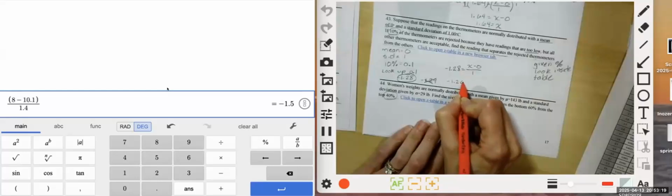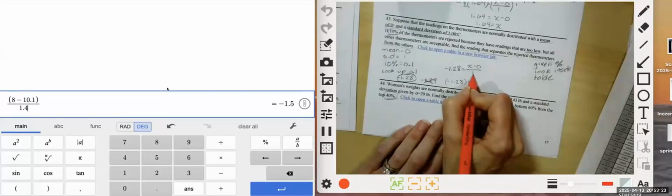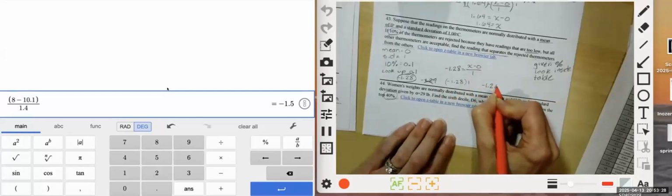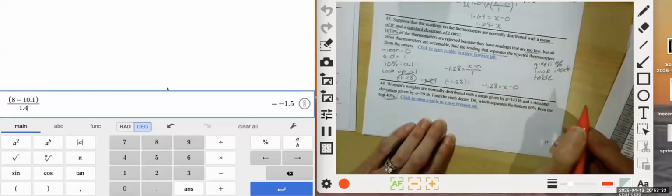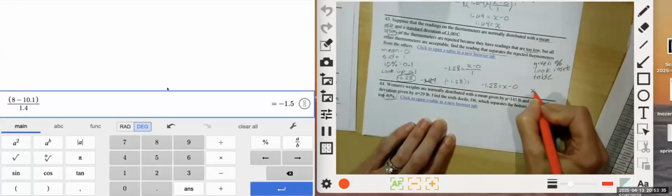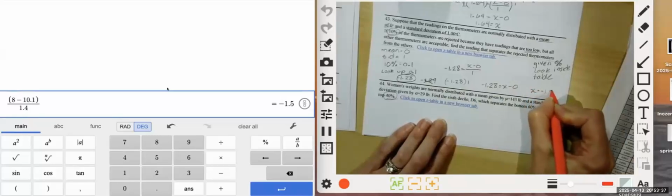We're finding the data item, so that's x. Negative 1.28 times 1 just gives us negative 1.28 equals x minus 0, or just x equals negative 1.28. We'll get to some that aren't so easy like these two, because it might not be that easy on the test.